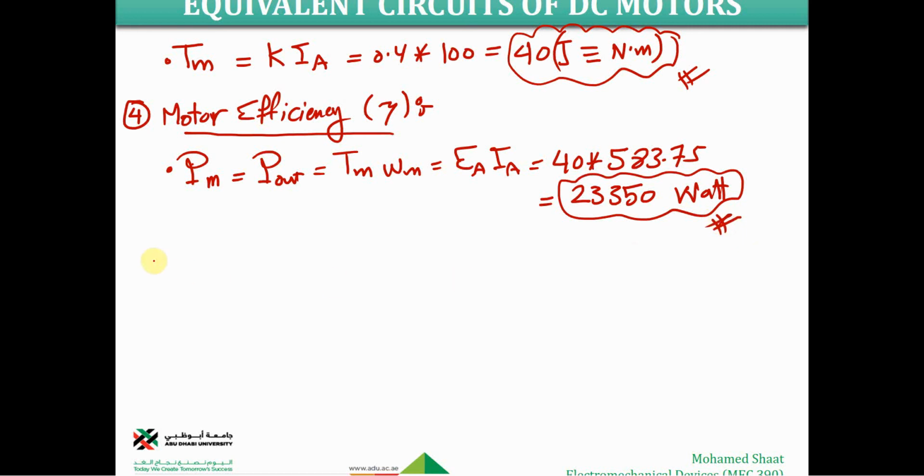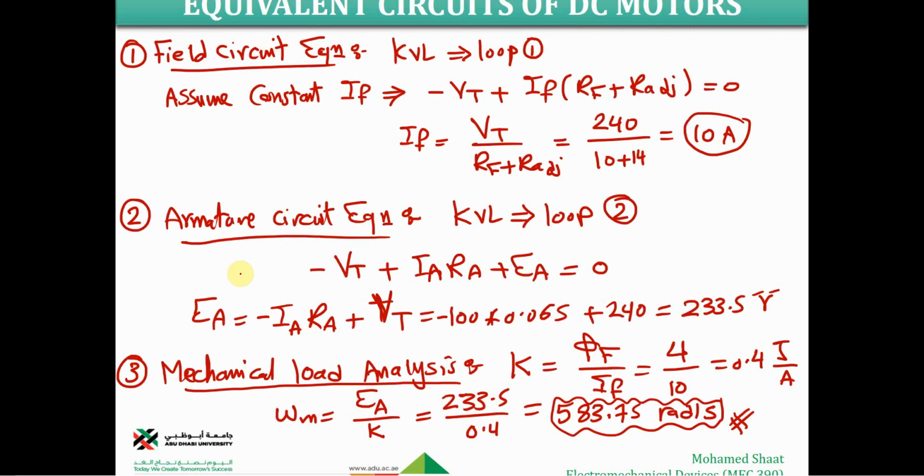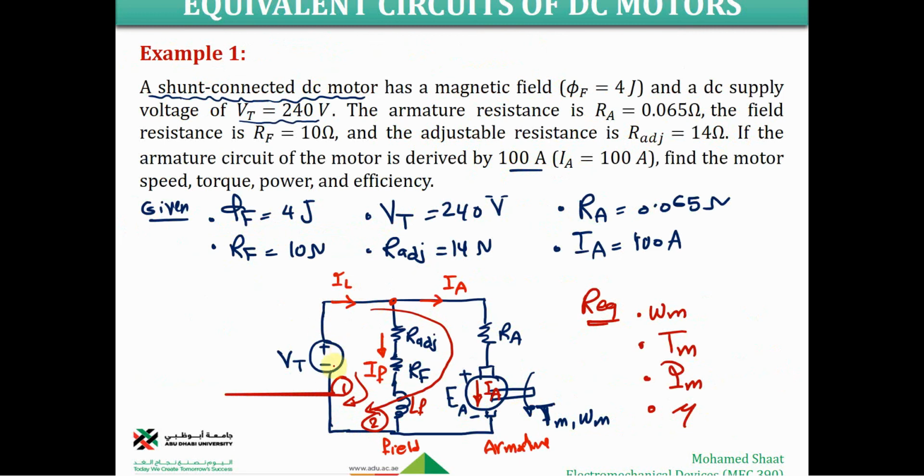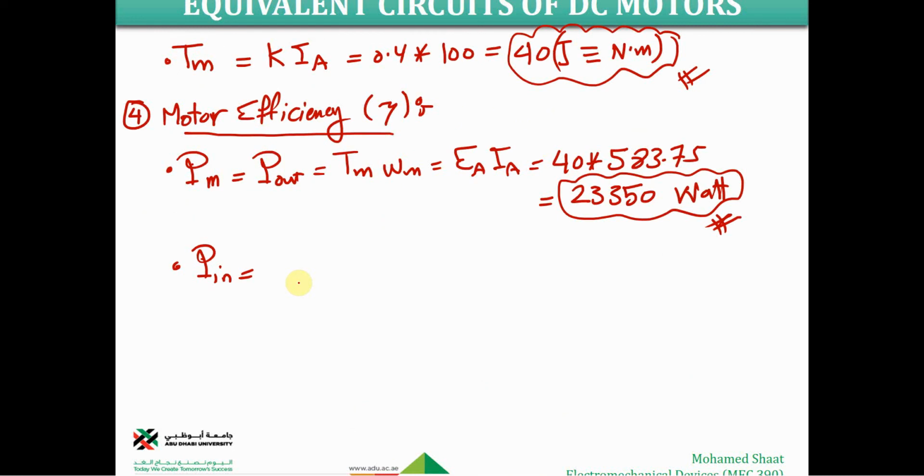So how about the input power? The input power, definitely going back to this configuration, we have only one electrical source, which is VT. The current generated by this battery is going to be IL, and IL should be the sum of IF plus IA. So you have to calculate the IL. The input power is VT times IL, which is VT times the IF plus the IA.